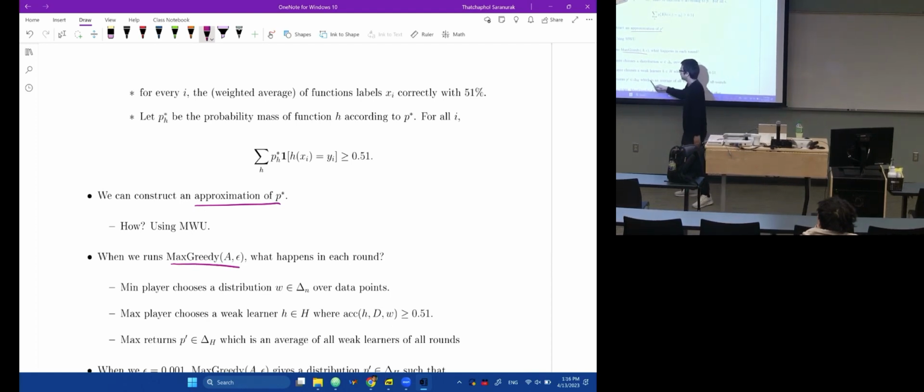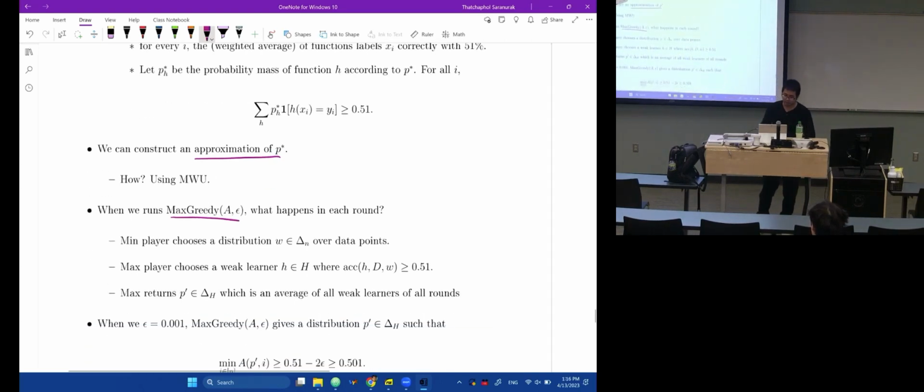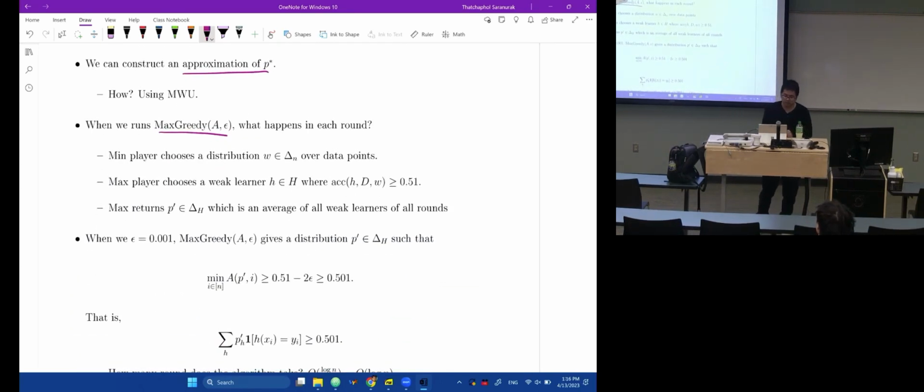And at the end, the max player will just return some distribution P prime, which is just the average of what he chose so far. So it's just the average of the weak learner in each round. Now if you choose epsilon to be just some small constant, then this max greedy algorithm will guarantee that the distribution that we return at the end, P prime, is going to be such that this thing is almost as good as P star.